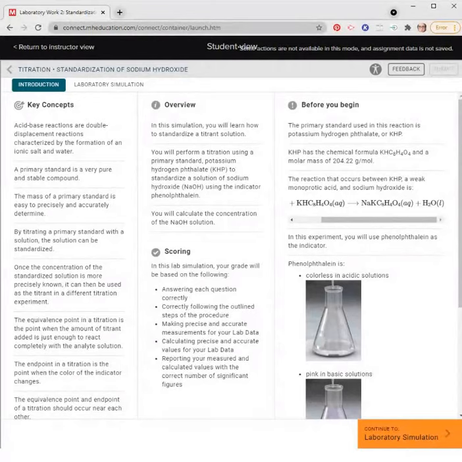Okay, but unfortunately sebab acid ni colorless, base pun colorless, it is impossible for us to observe the equivalent point. Memang tak nampak. Kita titrate sampai bila-bila pun memang kita tak boleh nampak bilanya kita reach the equivalent point, even though if we are using indicator.